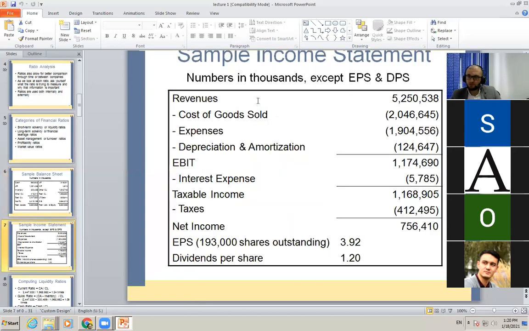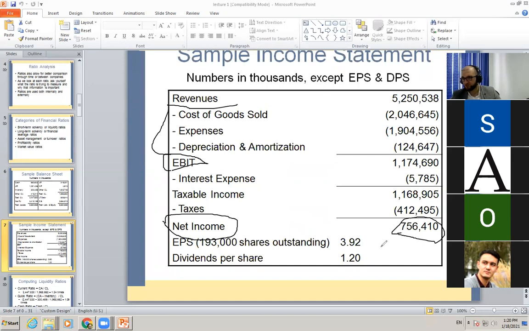The income statement basically is here. What we know here is that all revenues minus all the expenses will generate earnings before interest and tax. Then you subtract the interest, then you subtract the tax, and you generate the net income. Then from the net income, some money will go to the shareholders as dividends.